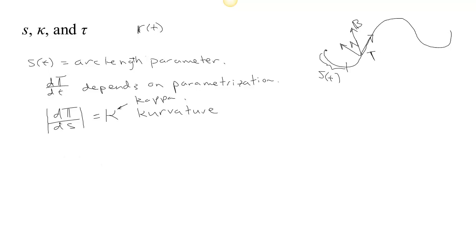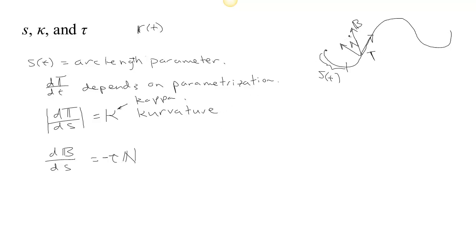Another thing we'll be interested in, not just the way that T changes with s, but also the way that the normal changes and the binormal changes. Turns out that we'll end up seeing that if the binormal changes, it's going to be in the direction of the normal. So the change in B is going to be in the direction of the normal, and it's going to be equal to a number here, minus tau.